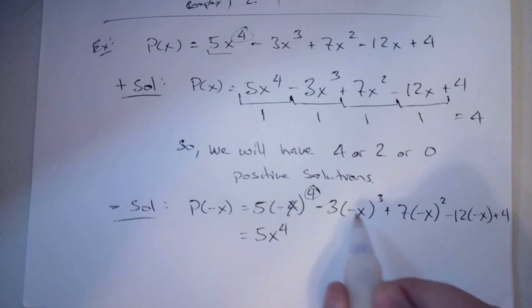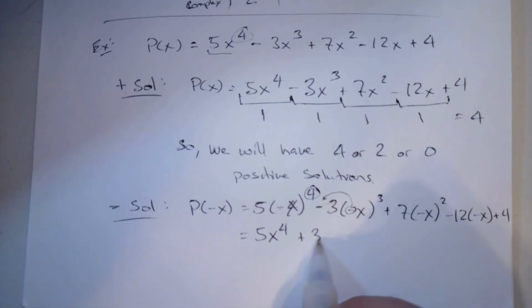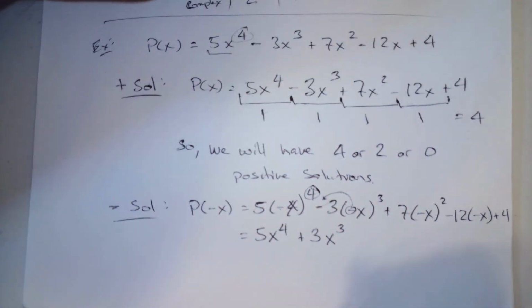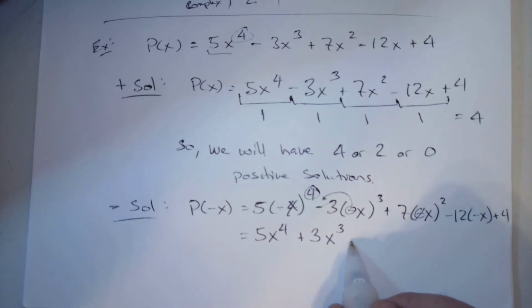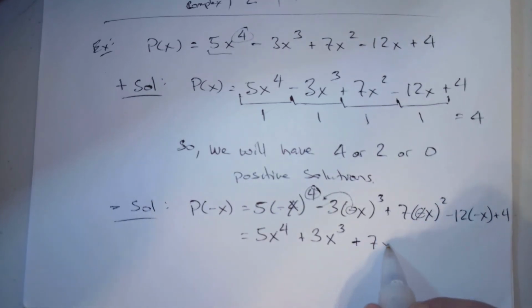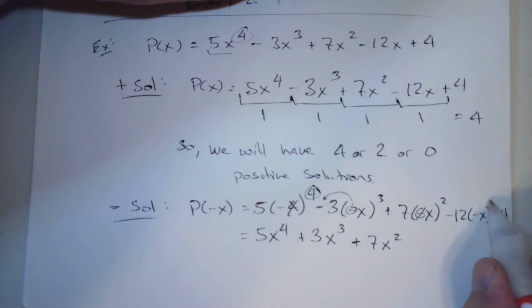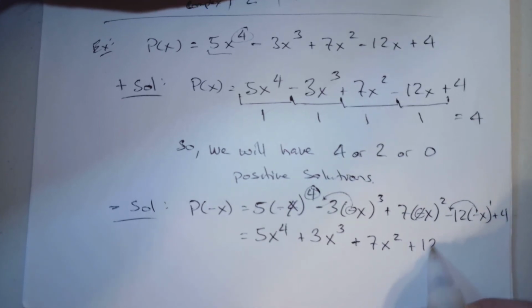Since it's odd, that changes the sign in front of the coefficient. This is even, so I just drop the negative. This is odd, so it changes the sign to a plus 12x plus 4.